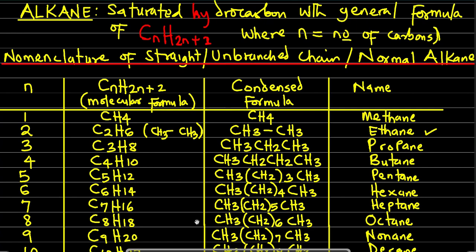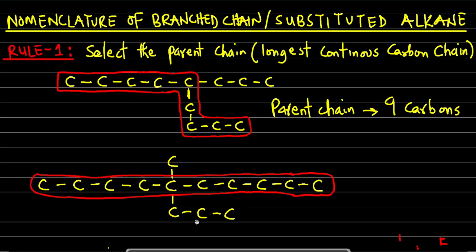Now let's look at how to name branched chain or substituted alkanes. There are basic rules that you must take into consideration when naming alkanes, and I had to summarize those. They are very lengthy, but I just had to summarize them to 6 or 7.